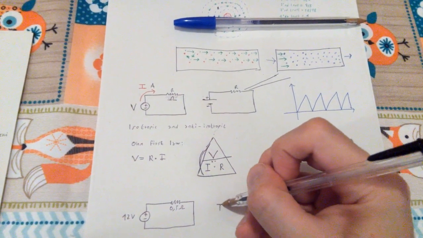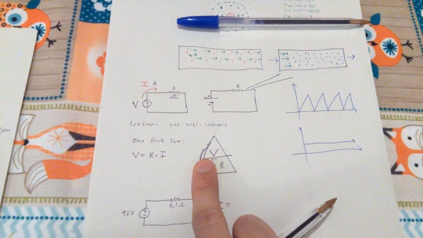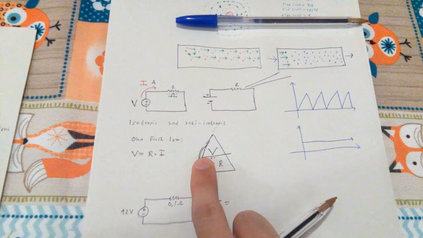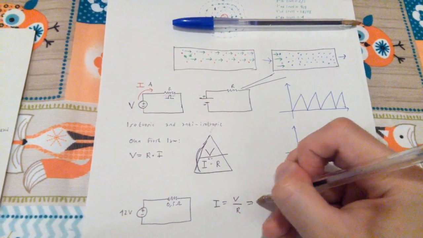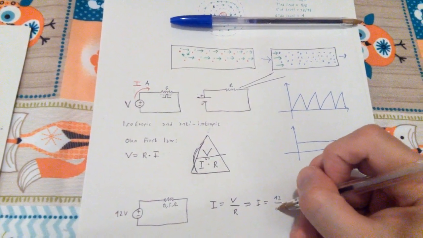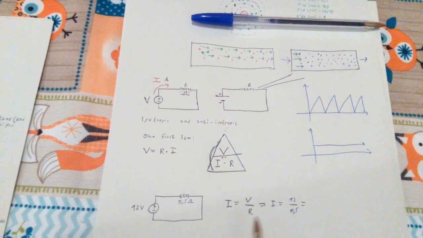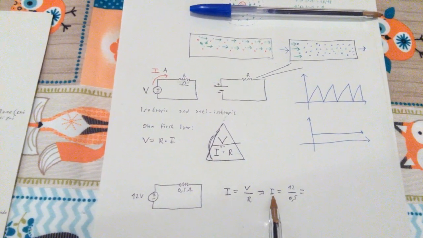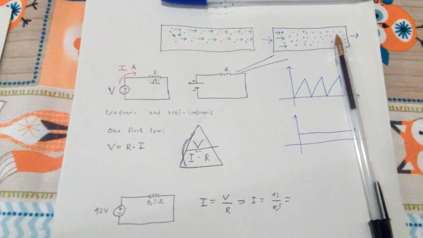Then the current I is going to be, remember, V divided by R. So I will be 12 divided by 0.5. And this is basically our current. So this is pretty much it.